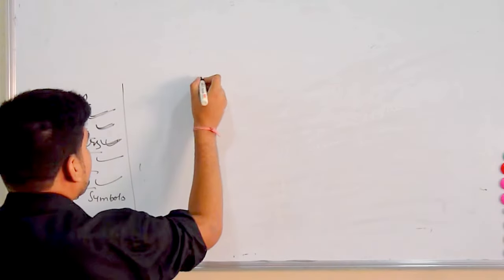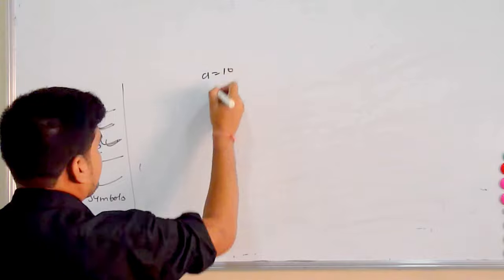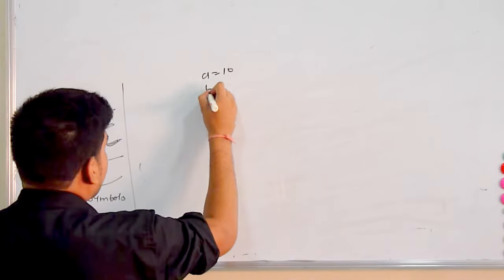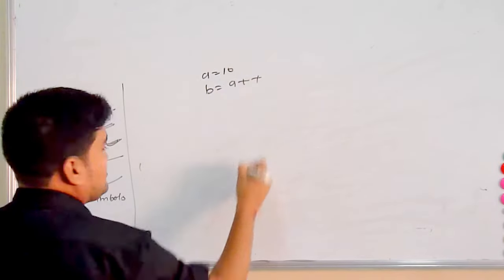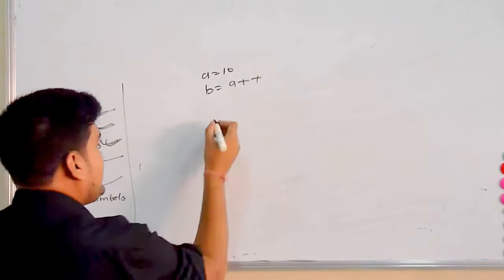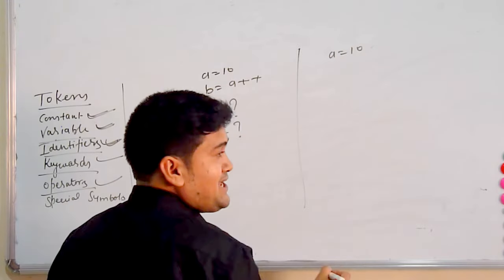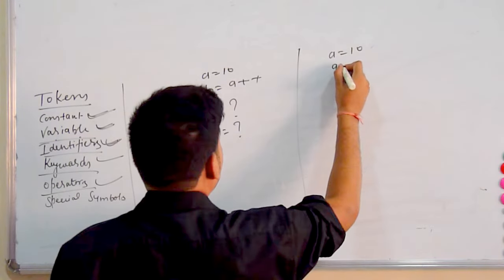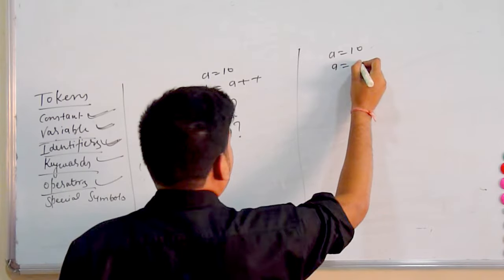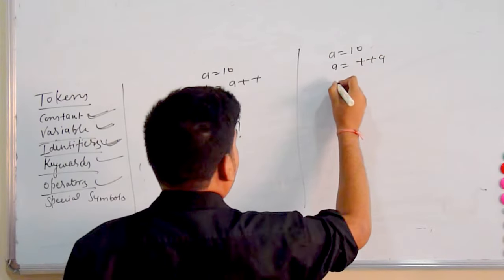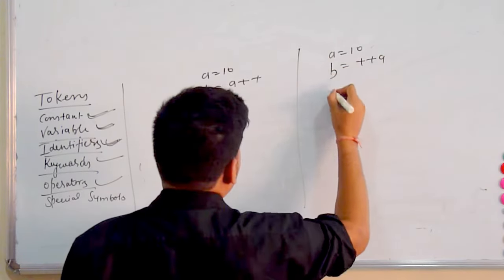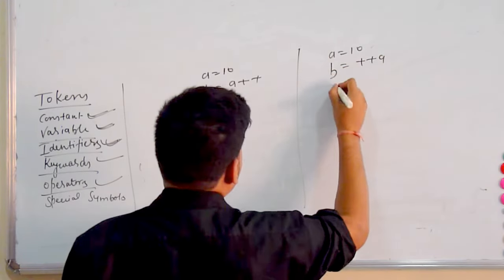Suppose we are initializing the value a equals to 10 and we are writing here b equals to a plus plus. Okay, now what is the value of a and what is the value of b? Same here, a equals to 10 and we are writing here b equals to plus plus a. Now what is the value of b and what is the value of a?